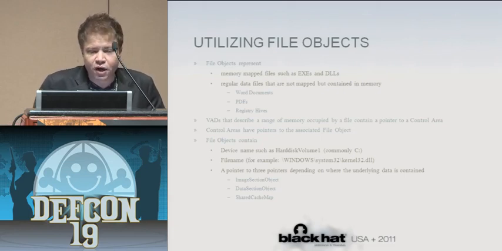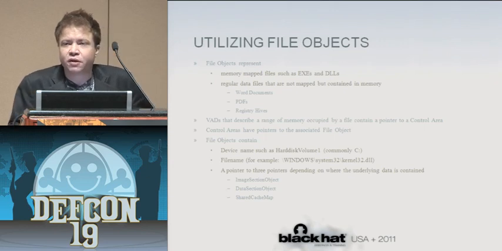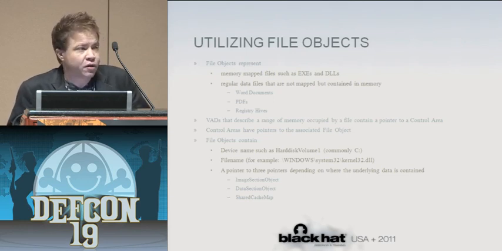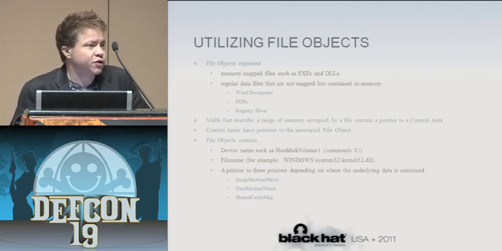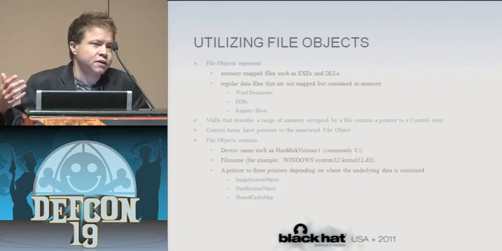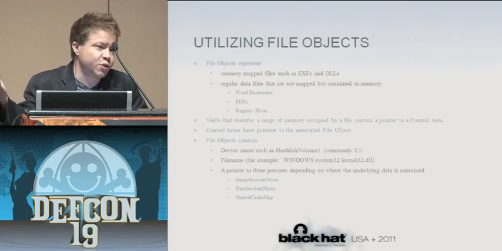They also include data files, which may not be mapped into memory, but are in the cache in different places, like a Word or PDF document, registry hive, web history. We've seen restore points on Windows XP, so we could actually see what was happening on the system after the attacker attacked, what they installed, because of the restore points.